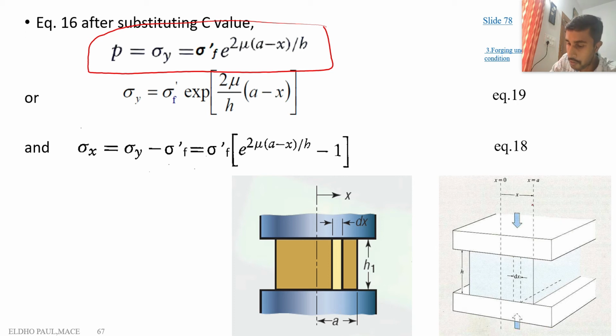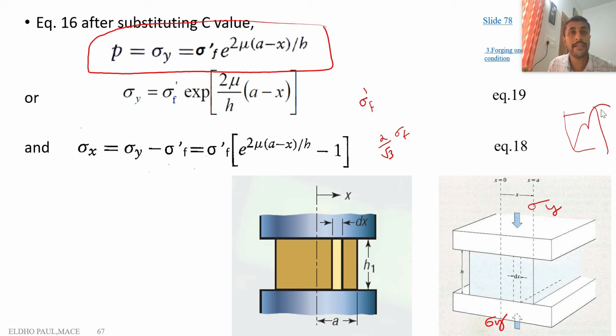How much sigma y has to be supplied for the deformation? Sigma y equals sigma dash f, that is the flow stress of the material in plane strain condition. Here our problem is a plane strain problem. Sigma dash f is equal to 2 by root 3 of sigma f, where sigma f is the flow stress in the uniaxial tension test.